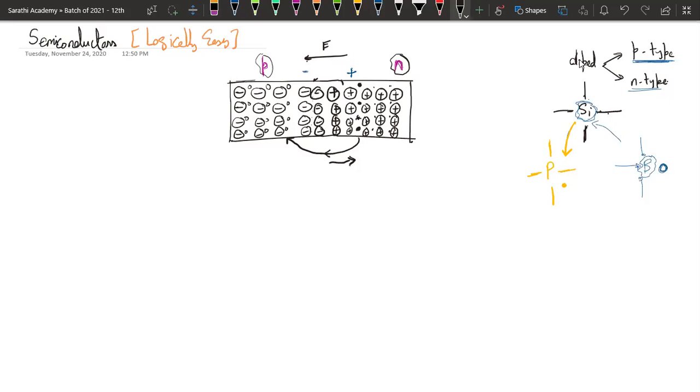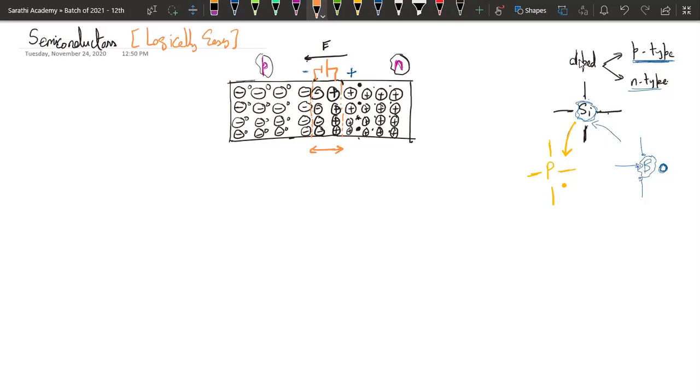Okay. So after some time what happens? A barrier is formed. इसको हम लोग barrier बोलते हैं. So barrier like this is formed. So there is a positive terminal, there is a negative terminal. Okay.